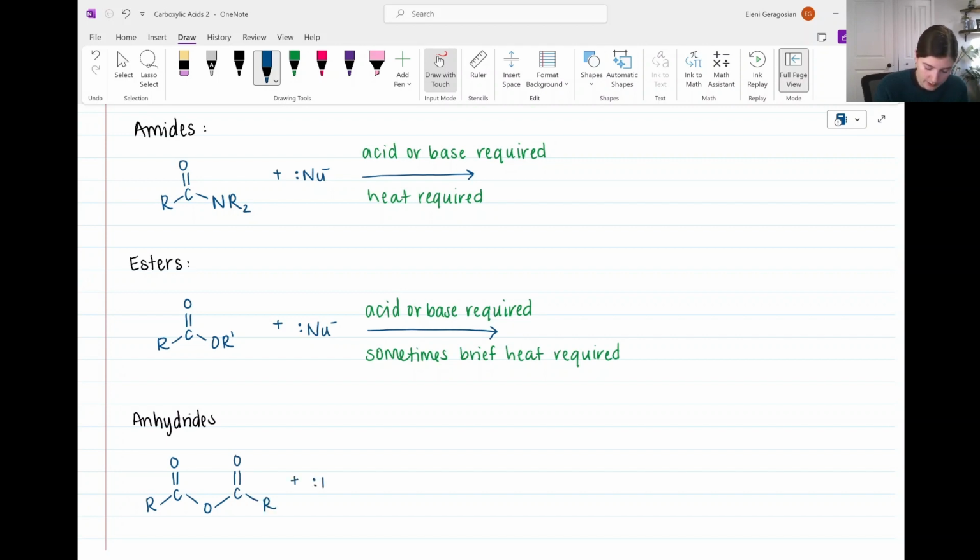So if we're doing nucleophilic addition with an anhydride starting material, we don't have any required reaction conditions. Acids and bases are not required. Heat is not required. So that indicates that anhydrides are more reactive than both esters and amides.